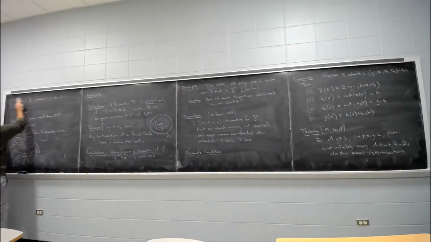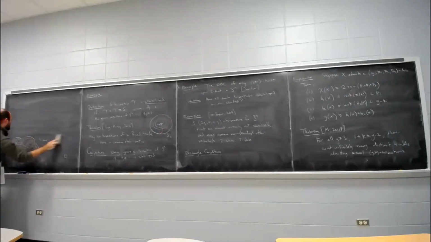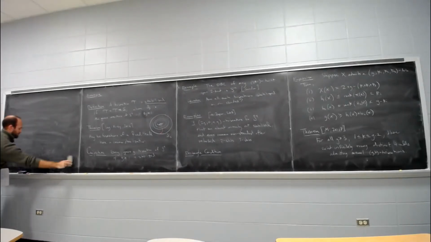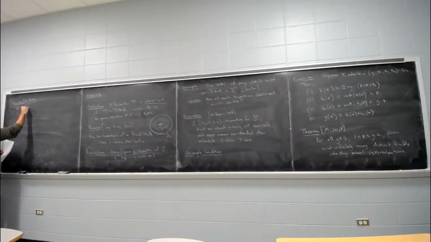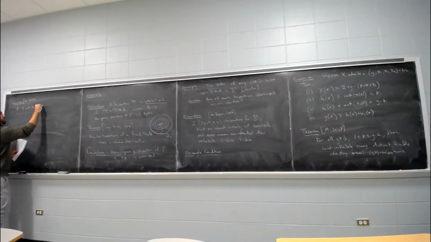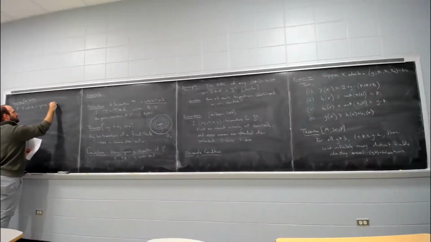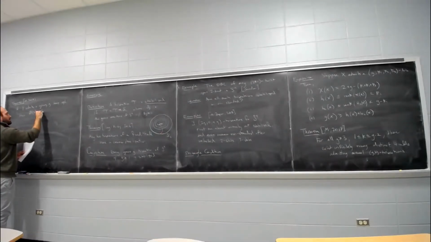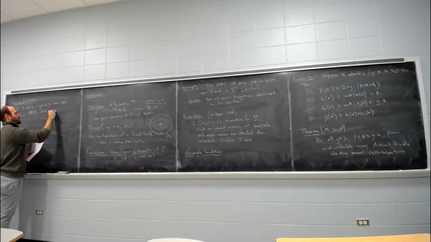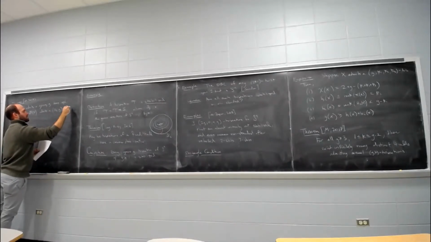And the main ingredient of the proof here is the following fact. Yes, this is also a theorem: if Y admits a genus g Heegaard splitting, so Y is a closed 3-manifold, then the spin of Y, which we haven't talked about, admits a 3g-g trisection.